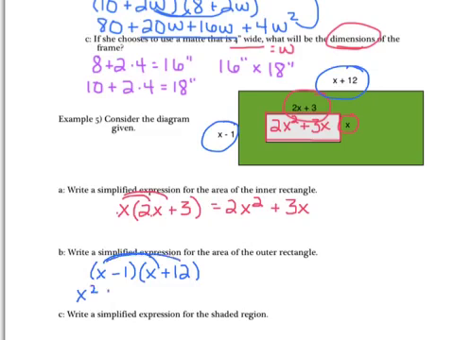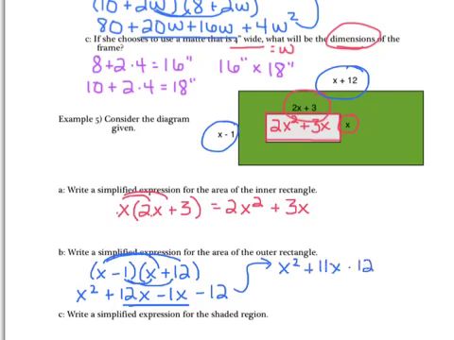X times 12 is 12x. Negative 1 times x is negative 1x. And negative 1 times 12 is negative 12. Combine your middle terms. You end up with x squared plus 11x minus 12 for the outside rectangle.